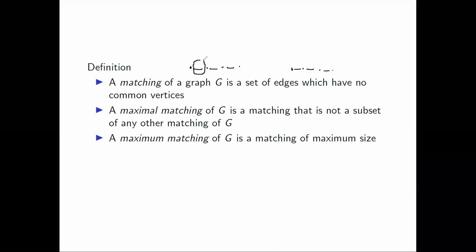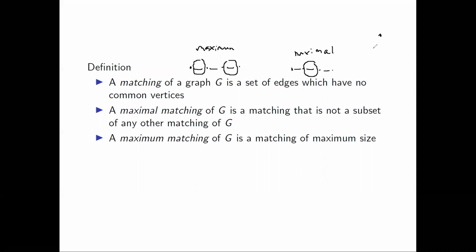So on the left, the P4 on the left, there's a maximum matching. And the P4 on the right, here is a maximal matching. So that matching on the right, we can't add any more edges to it because all the other edges have vertices in common with that edge.